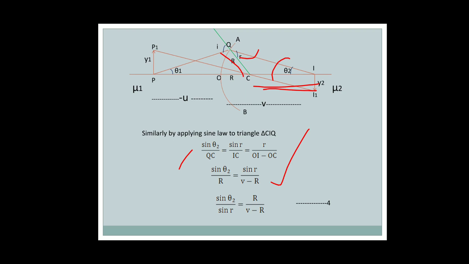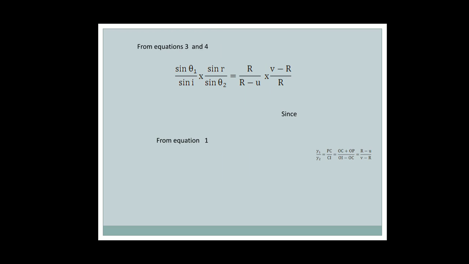From this equation 4 and the previous equation 3, when we take the division, sin theta 1 by sin i into sin r by sin theta 2 is equal to R by (R minus u) into (v minus R) by R. But we know, according to Snell's law, sin r by sin i is equal to mu1 by mu2. So sin theta 1 by sin theta 2 into mu1 by mu2 is equal to y2 by y1 according to the above equation.